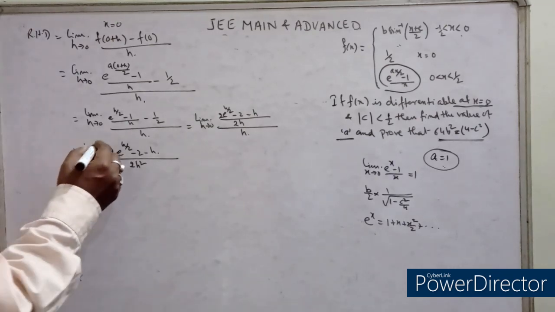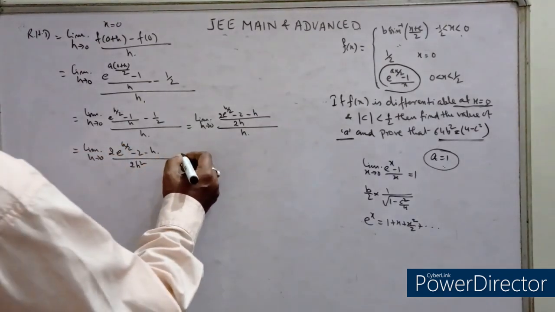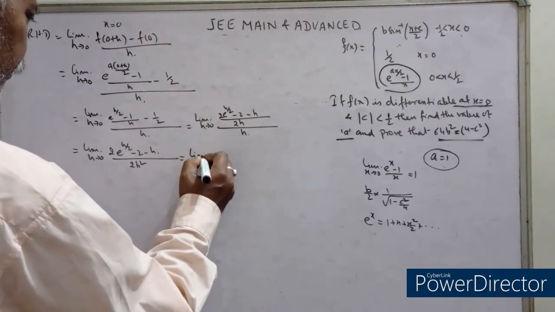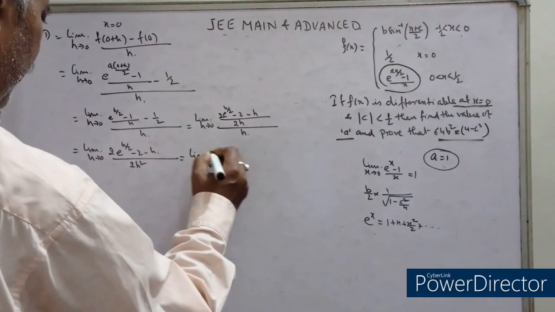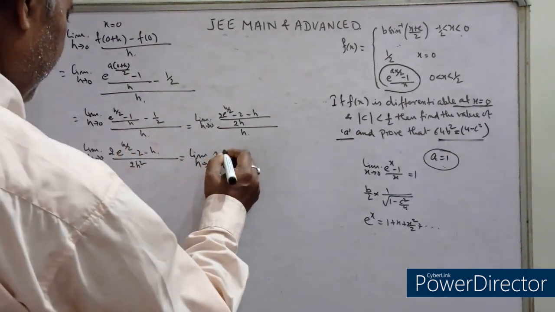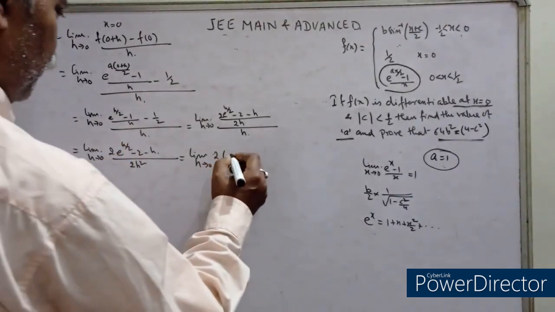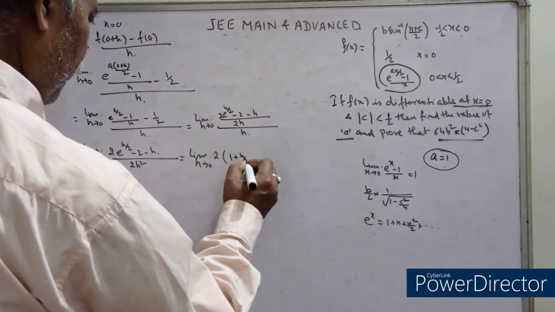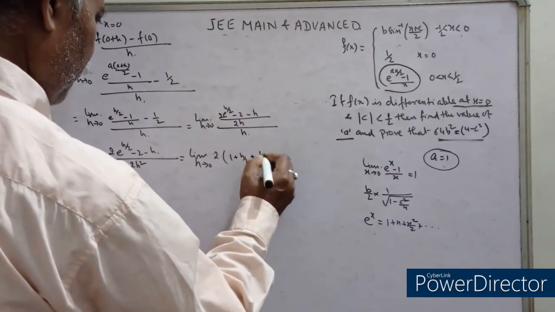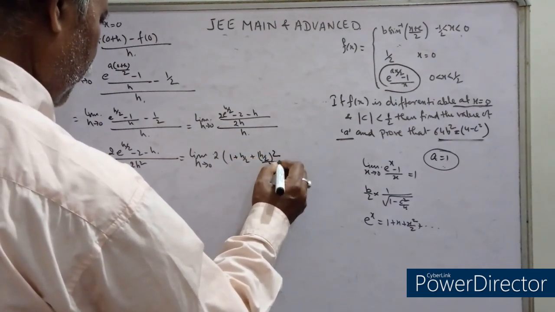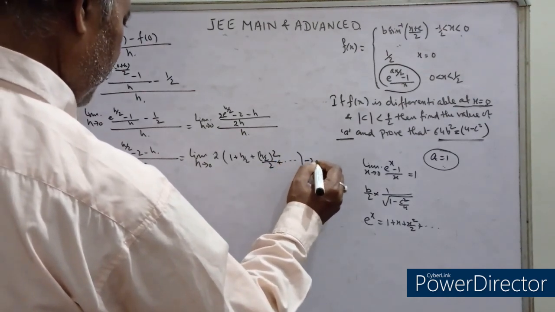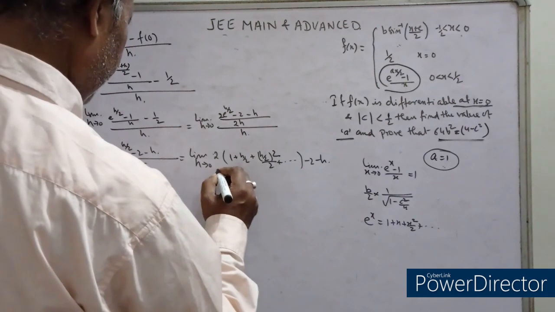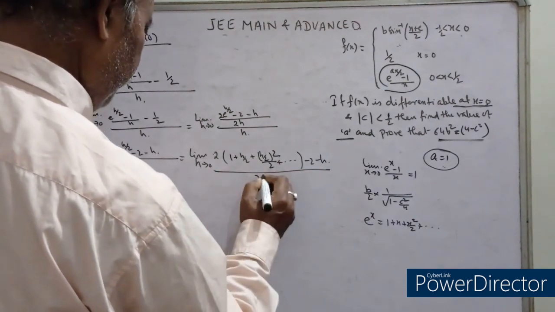So here this will be equal to limit h tends to 0, 2 times e to the power of h by 2, where x is h by 2: 1 plus h by 2 plus (h by 2) the whole square by 2 plus dot dot dot, minus 2 minus h, by 2h square.